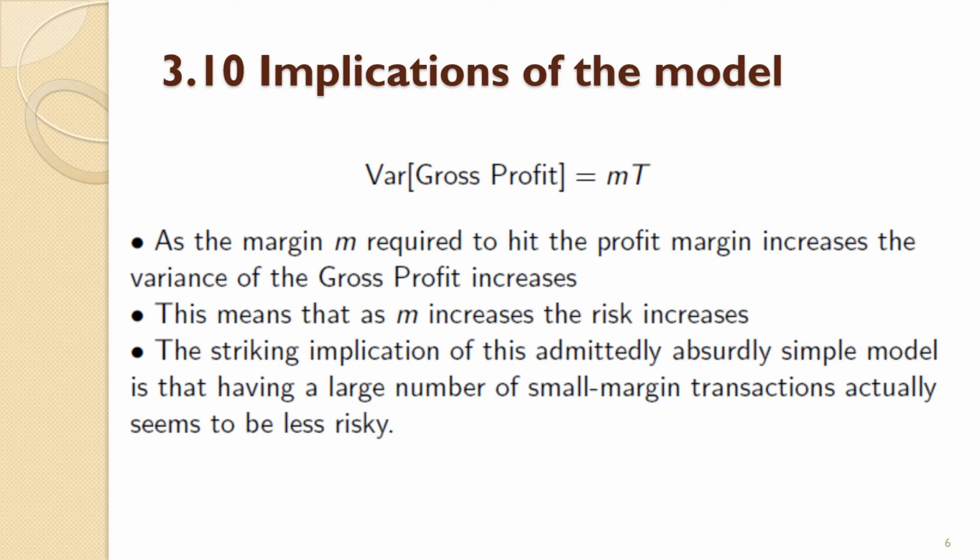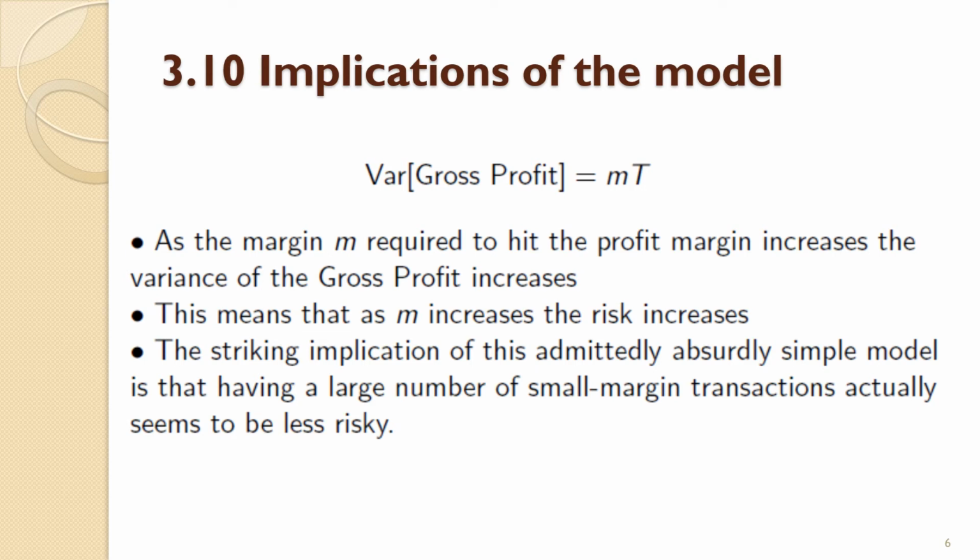So if we're looking at the implications of the model, the variance of the gross profit is equal to MT. So as the margin M required to hit the profit target increases, the variance of the gross profit also increases. This means that as M increases, the risk increases. So the striking implication of this admittedly absurdly simple model is that having a large number of small margin transactions actually seems to be less risky.